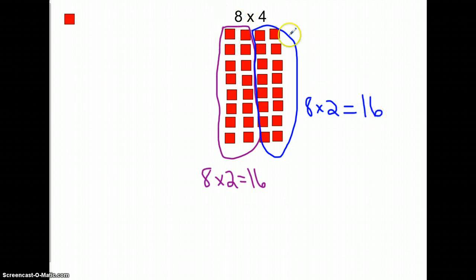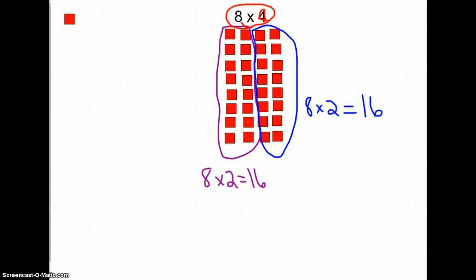I may not know what 8 times 4 is, but I do know that I can break the 4 apart. See how I had 4 in each row? I can break my columns down into 2 columns because I know that 8 times 2 and 8 times 2 is the same as 8 times 4.